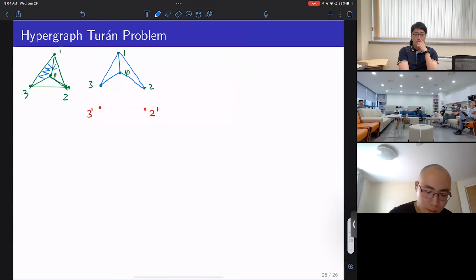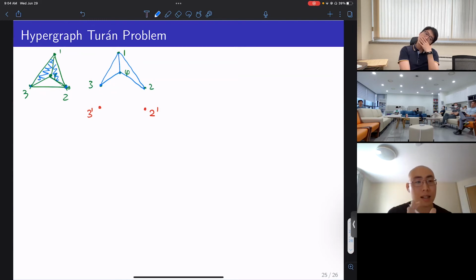If you look at these two triples, they contain either 2 or 3, but not both. We keep these triples in this operation. Meaning if you have only one intersection with 2 and 3, then you are fine. You are still in this graph.